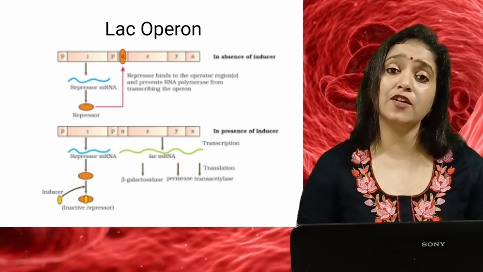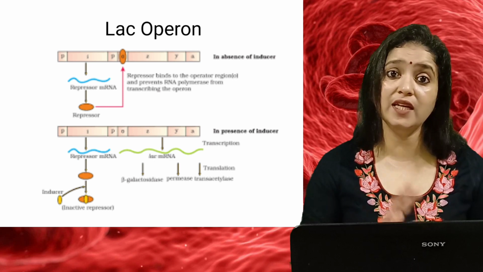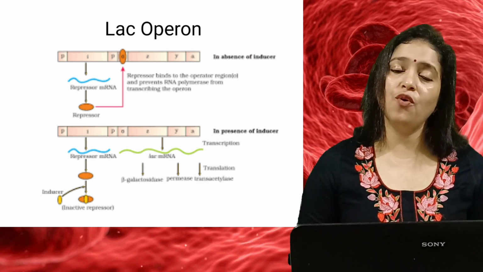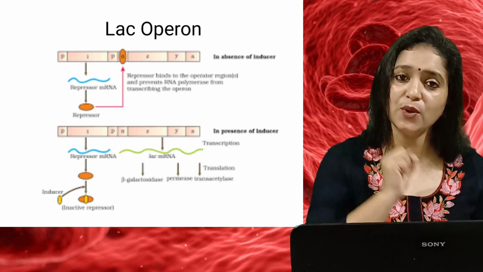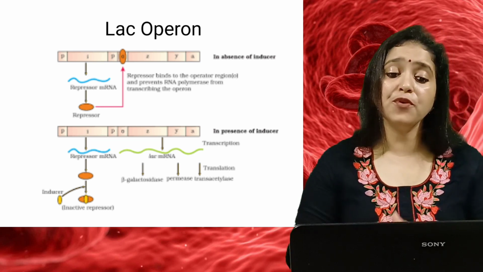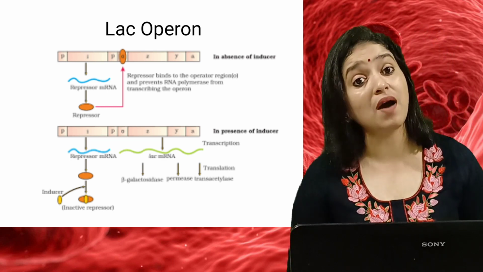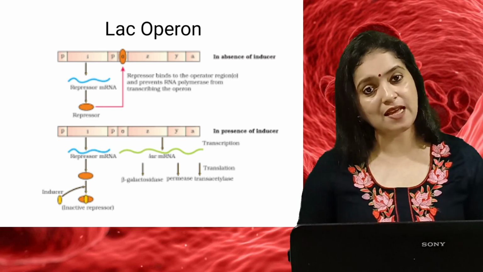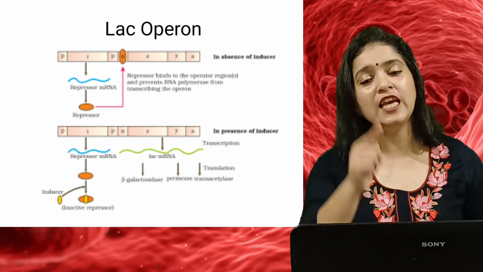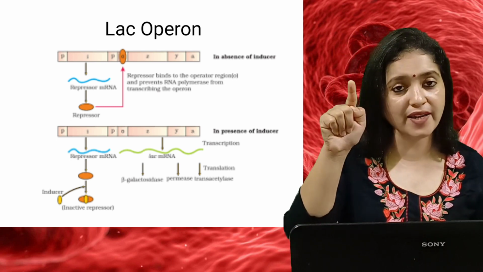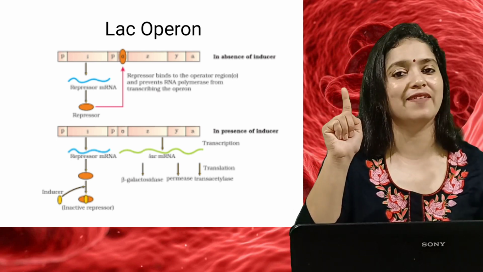If suppose lactose is not there in the medium, we don't need these enzymes. So what happens? There is a specific gene called the regulator gene, and that will produce repressor mRNA. This repressor mRNA produces a specific protein called repressor protein that will come and bind with the operator region.